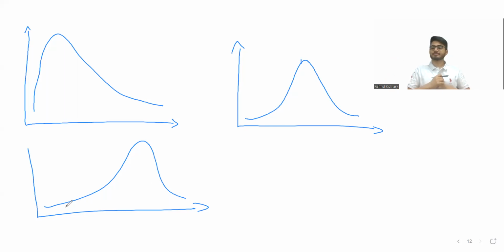So let me take an example. Say I talk about the number of children in a particular family, or for a particular couple. What should the distribution look like? The number of children to a particular couple in India, let's say. Symmetric?